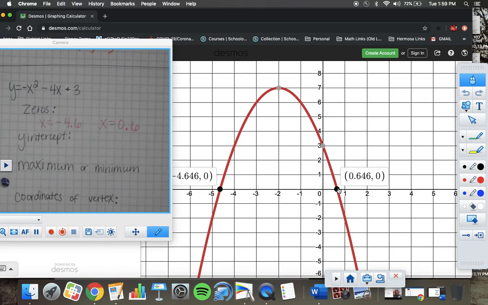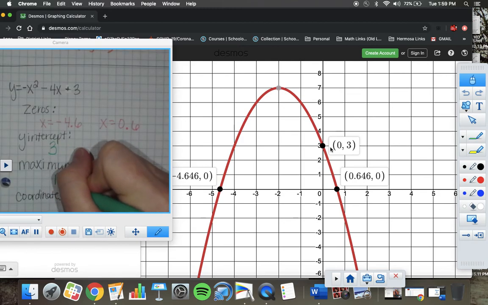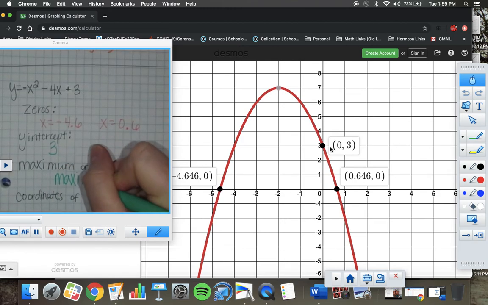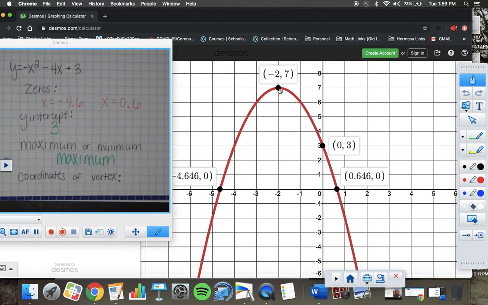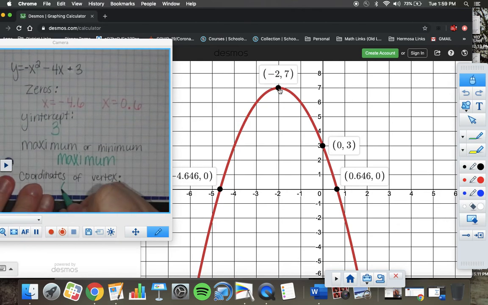Okay, so those are the two zeros. Now let's do the y-intercept. Where it crosses the y-axis, that would be 3. This has a maximum because it's the highest point, and the coordinate of the vertex would be right there. So it would be at -2, 7.